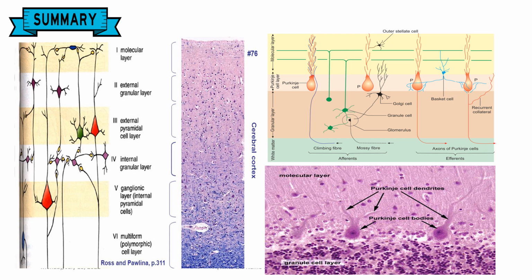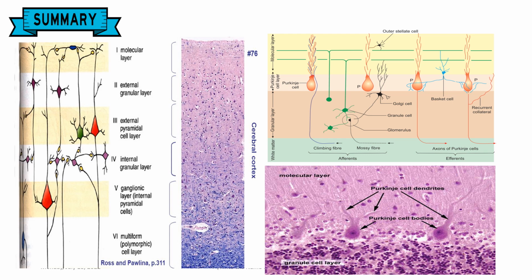Remember also that the cerebrum or cerebral cortex is formed of 6 layers. The first layer was the molecular layer. The second layer was the external granular layer. The third layer was the external pyramidal layer.